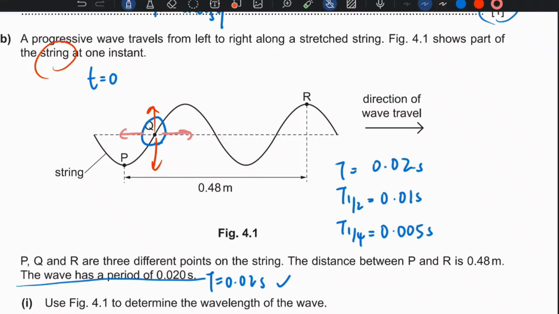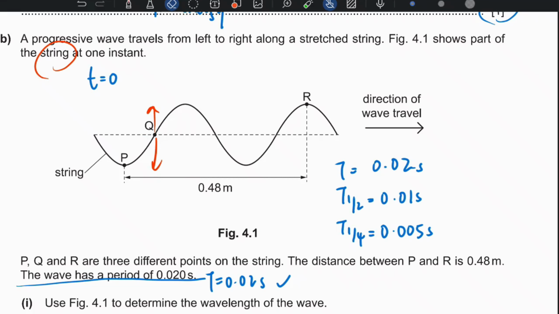Whether it moves left to right or up and down, both will give you a different answer. So it's important to know what type of wave you are dealing with, so that you know where the particle is going to move. So now we have concluded that it's moving up and down because it is a transverse wave and it's a string.